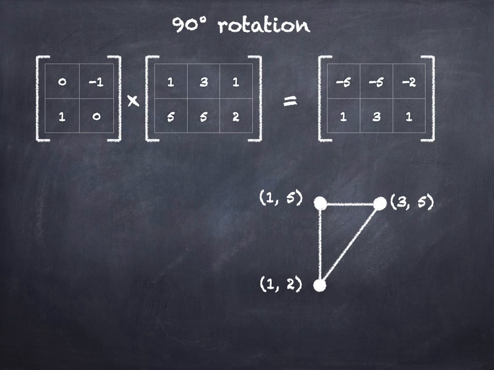The one I did at the very beginning was more complicated, and they do that kind of thing in some contexts. But for this context, that's all we're doing. It's just multiplying by ones and zeros. And all of these matrices had a lot of zeros, which means you're not really getting a lot of adding involved. You're just multiplying by ones and negative ones and moving stuff around. But it works. Again, I didn't graph this one, but if you were to graph it, you would see that it was rotated 90 degrees.